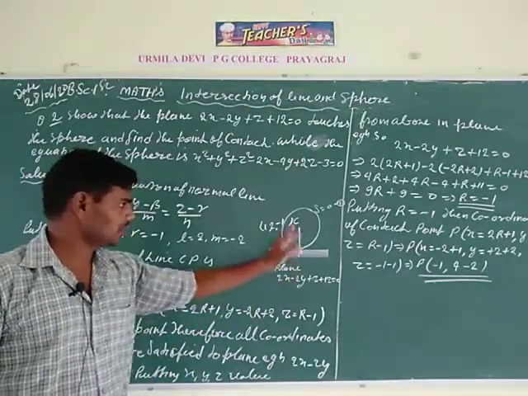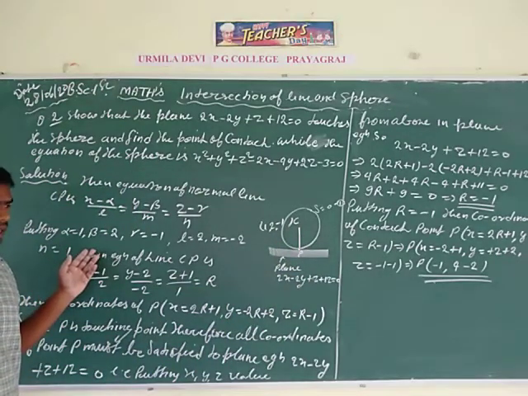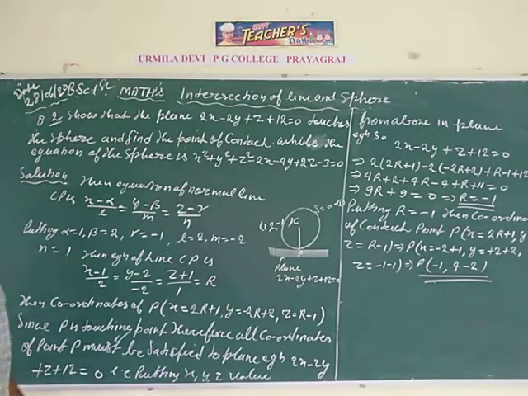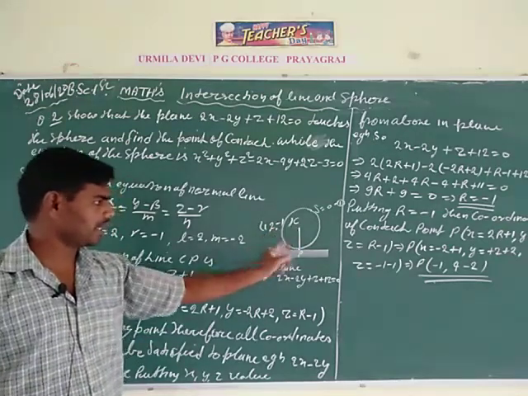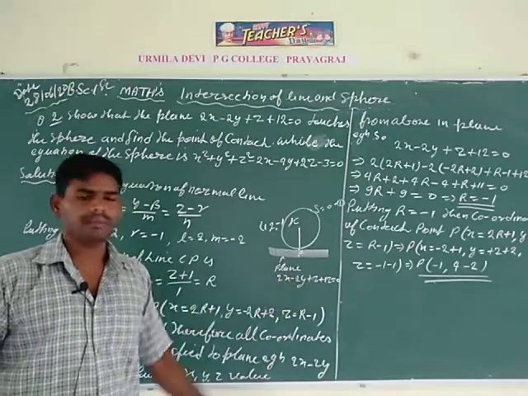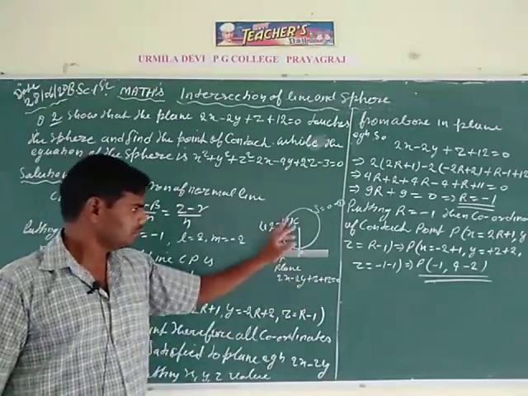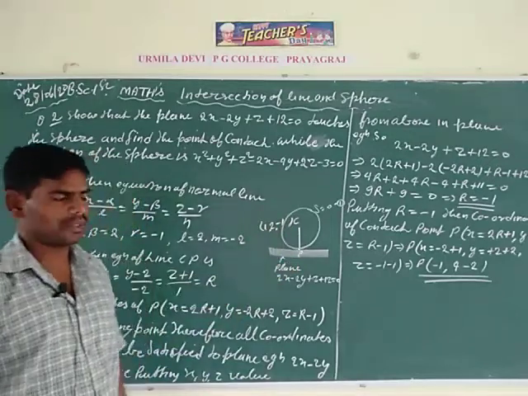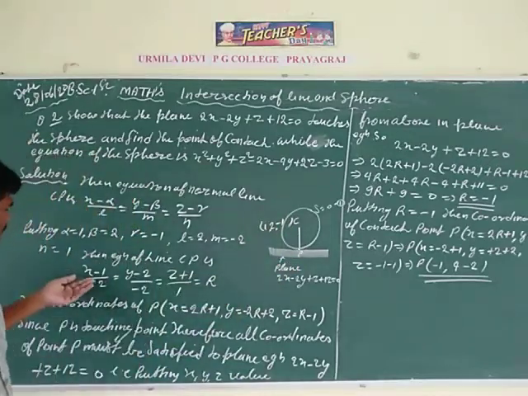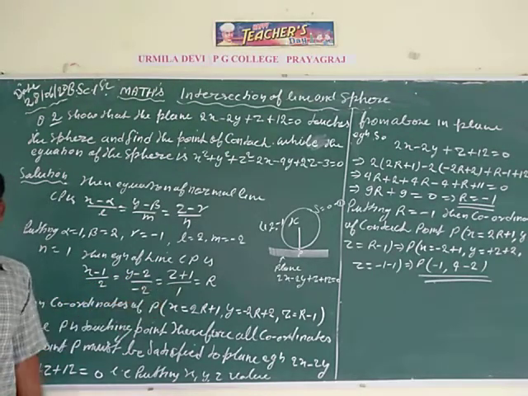For this, first calculate the equation of the straight line, the normal line CP, which passes through the point capital C and has direction ratios 2, -2 and 1, because it is a normal to the given plane. So by the rules of straight lines, the equation of the normal line is (x - 1)/2 = (y - 2)/(-2) = (z + 1)/1.